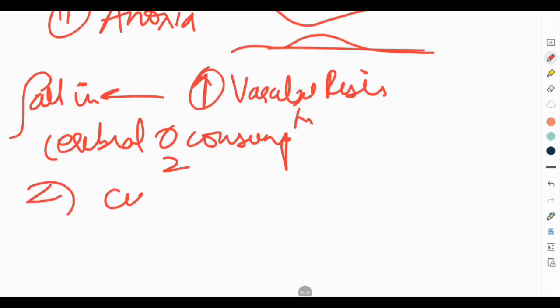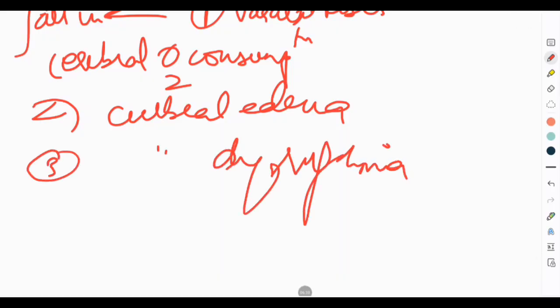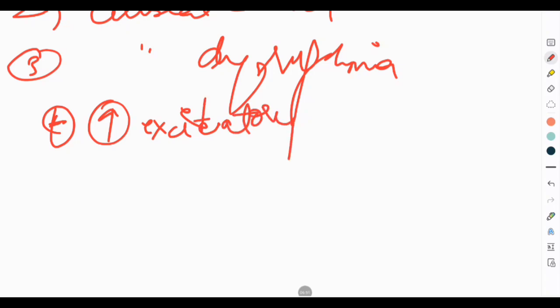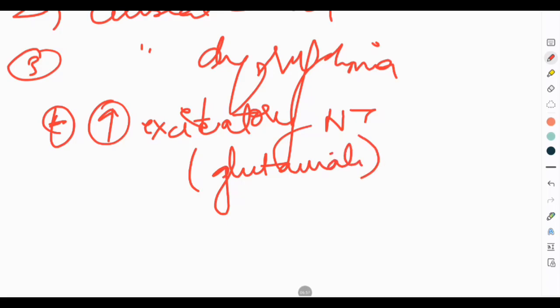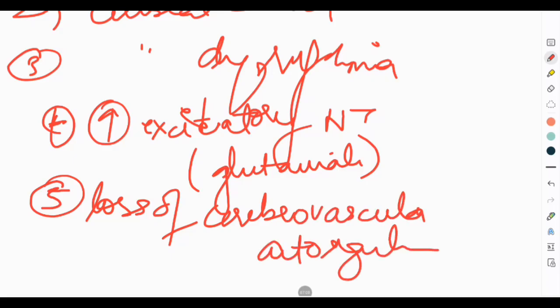Then cerebral edema, cerebral dysrhythmia, excessive excitatory neurotransmitters, glutamate, loss of cerebrovascular autoregulation.